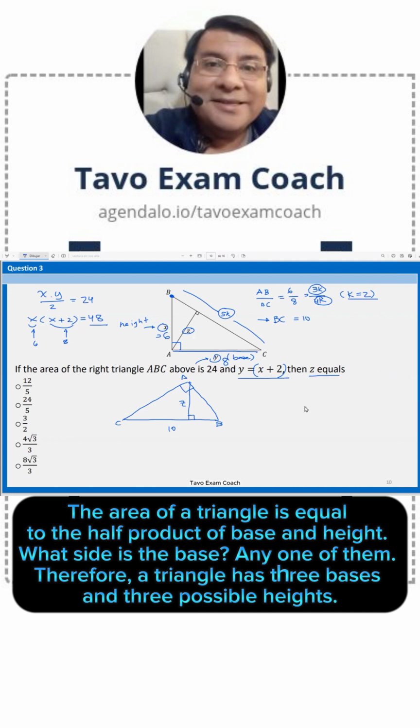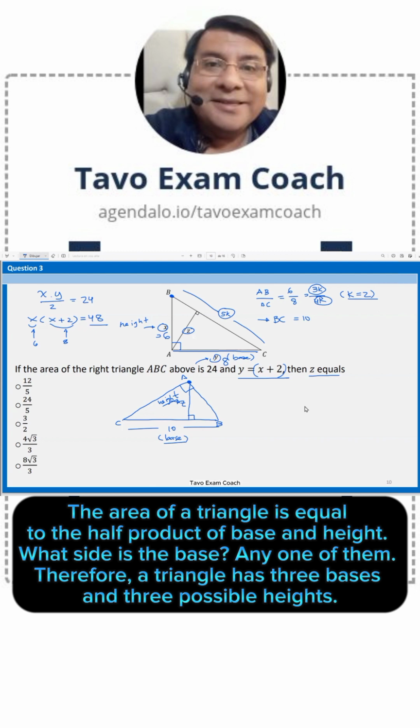But if this is the base of the triangle, now wouldn't the segment z be the height? Because it's a perpendicular segment drawn from the opposite vertex. So, because these can represent well the base and the height of this triangle, same as the segments AB and AC, the two legs, now the hypotenuse and the segment z could also be base and height.